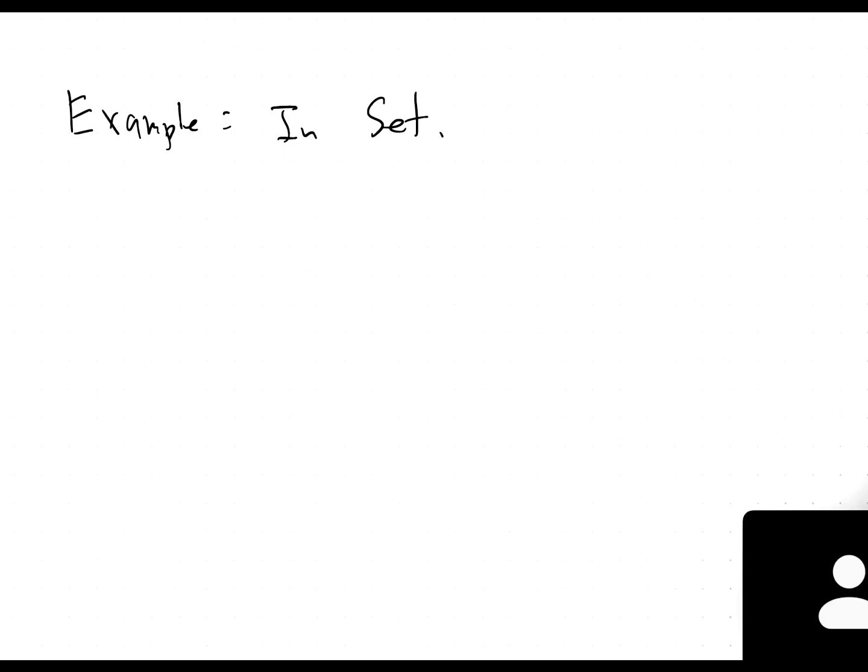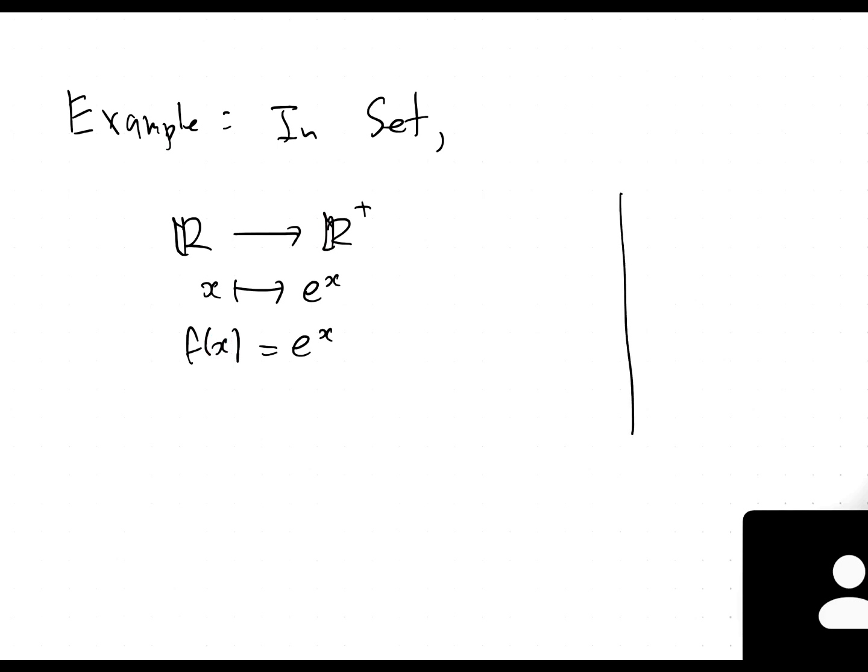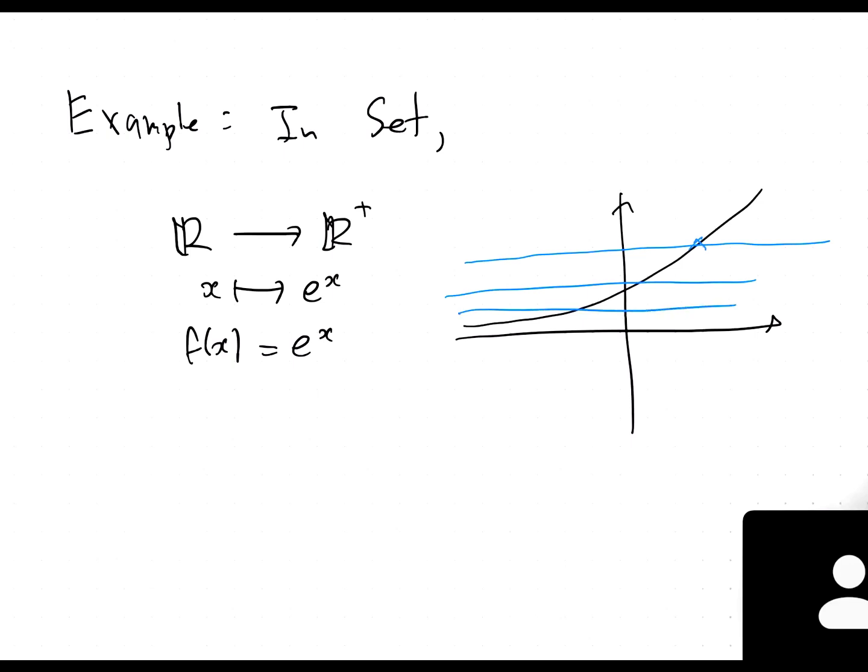But we're going to take a specific function now. So take this function from R to R plus, the exponential function x maps to e to the x. So in other words, define f of x to equal e to the x. Of course, looking at the graph of e to the x, any horizontal line I draw only overlaps the graph at exactly one point, right?